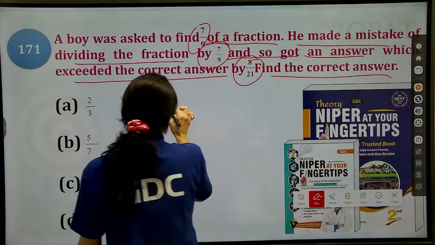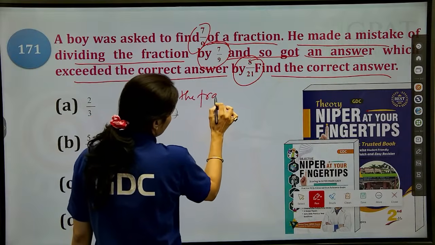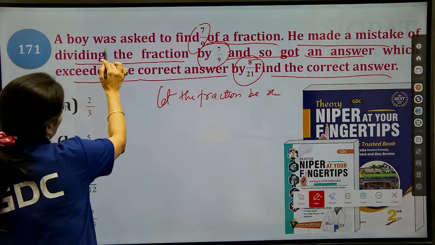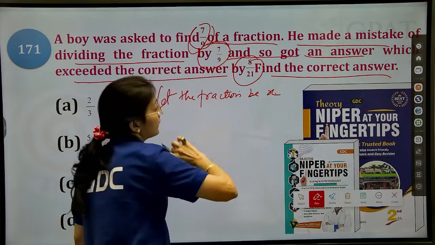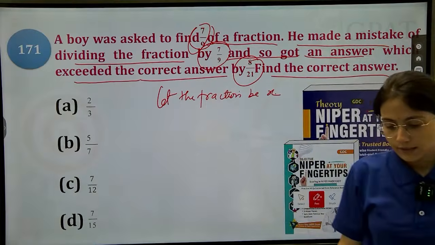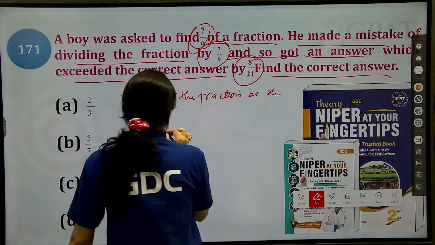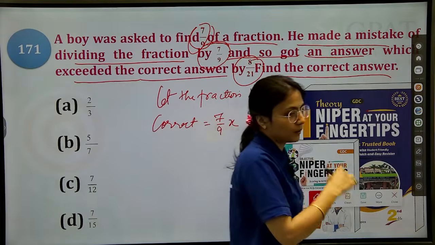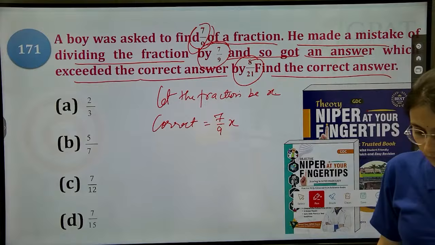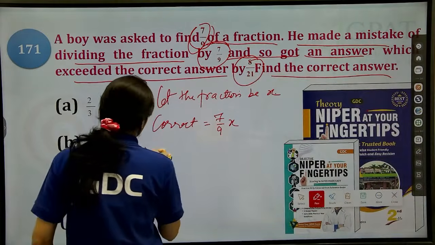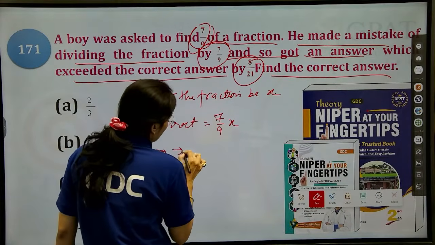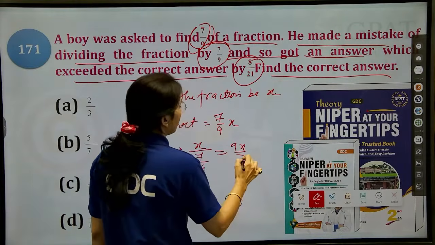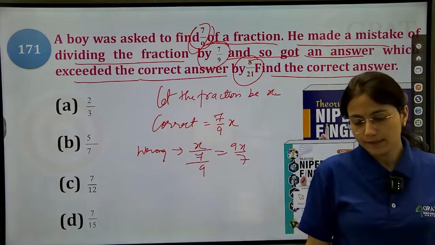So let the fraction be x. A boy was asked to find 7 by 9 of a fraction, so the correct answer is 7 by 9 x. The wrong answer is x divided by 7 by 9, that is 9x by 7.